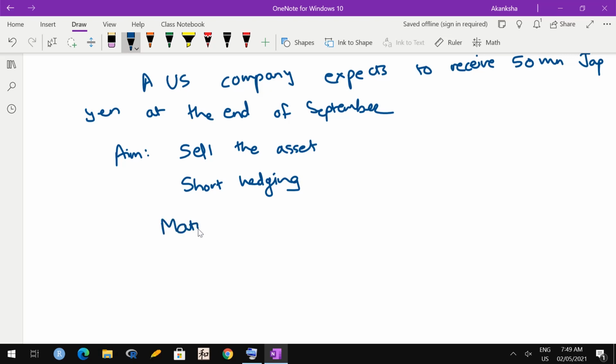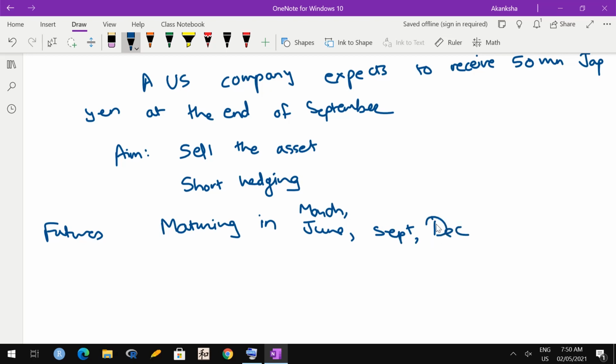Suppose they have futures contracts which are maturing in December, but they don't have any futures contracts maturing in, say, October and November. In the market only March, June, September and December maturity futures are available.